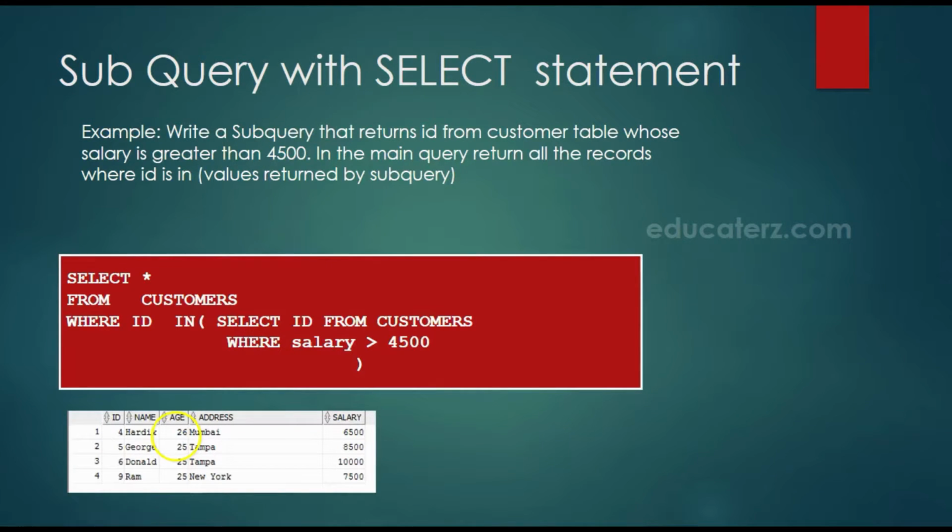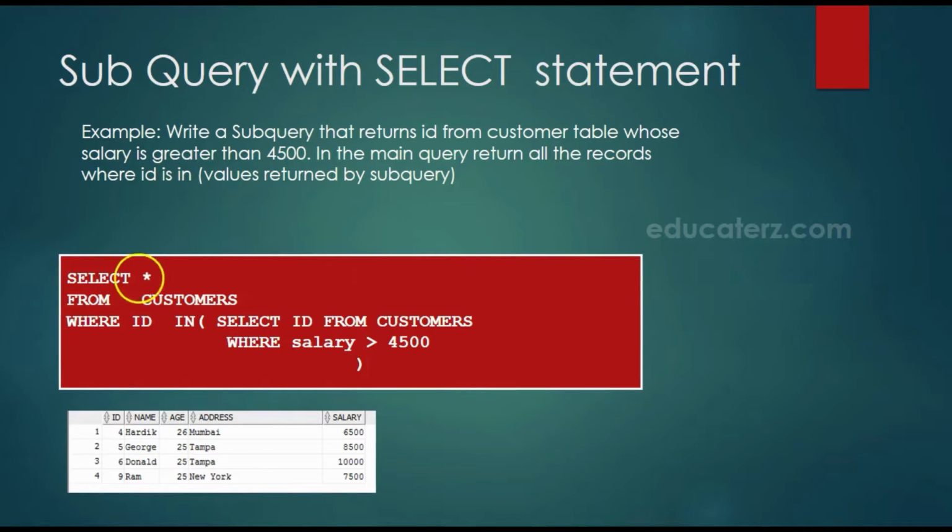Subquery with select statement. Example: write a subquery that returns ID from the customer table whose salary is greater than 4,500. In the main query, the query returns all the records where ID is in the values returned by the subquery. So look at the query.